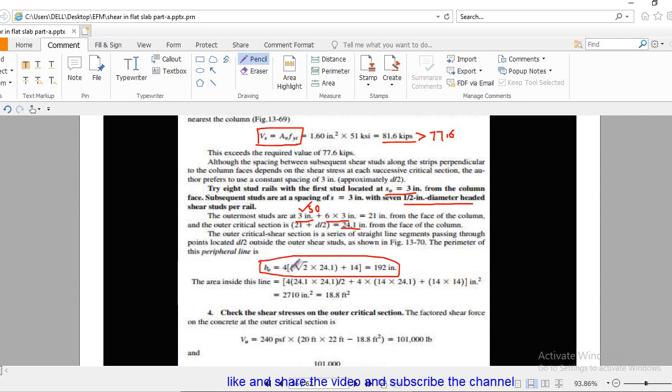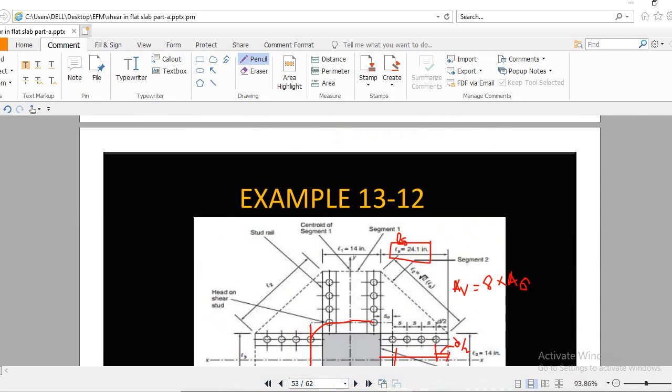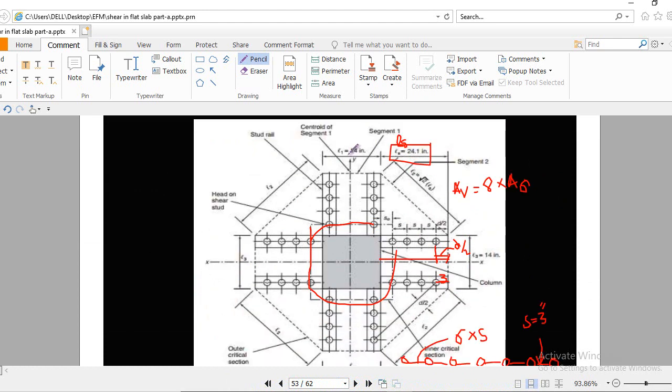Okay, and this will be L1 plus L3. So we already know 14 inch right here, right here, right here, and right here. So we have 4 times 14 inch, and we have to add this incline, this incline, this incline, this incline.